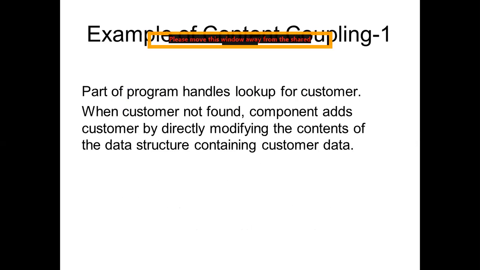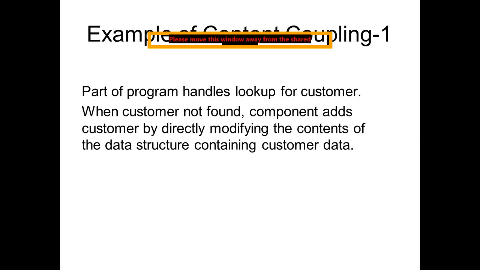Now the example here: part of the program handles lookup for a customer. When the customer is not found, the component adds the customer by directly modifying the contents of the data structure containing customer data. So each component has a data structure, and with the help of the data structure, we can change the data of another component.